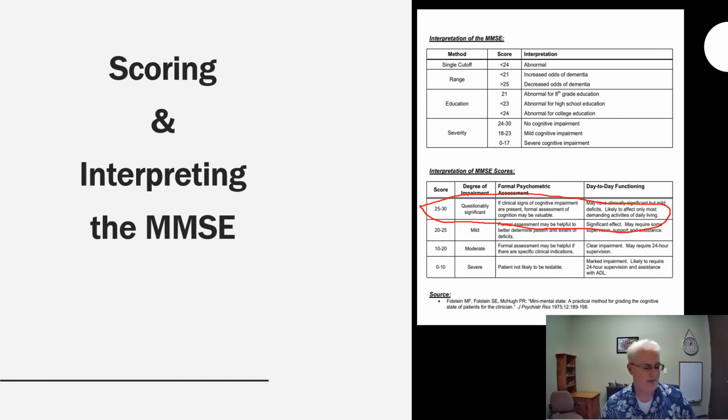You'll notice the degree of impairment says questionably significant. Okay, well, what exactly does that mean? Well, it means we don't know. You have to put it in comparison to other aspects, other things of the assessment that you're doing. Day-to-day functioning. Is there something else going on clinically significant but mild that could be affecting?